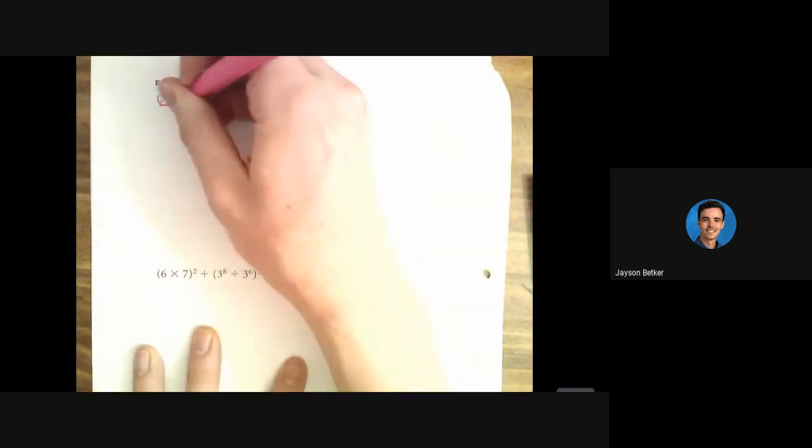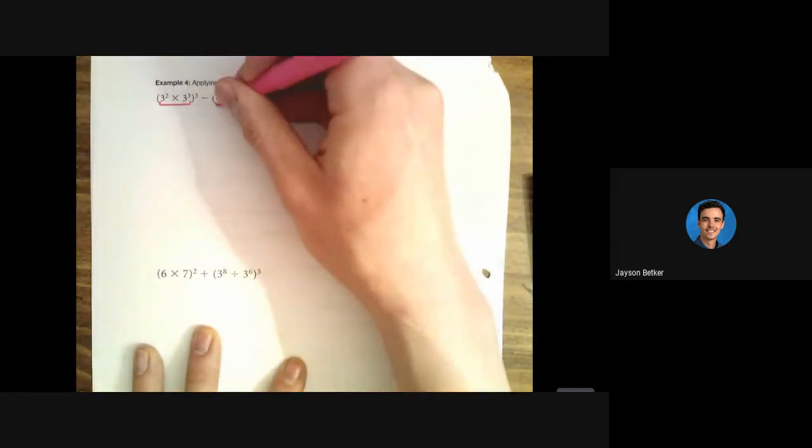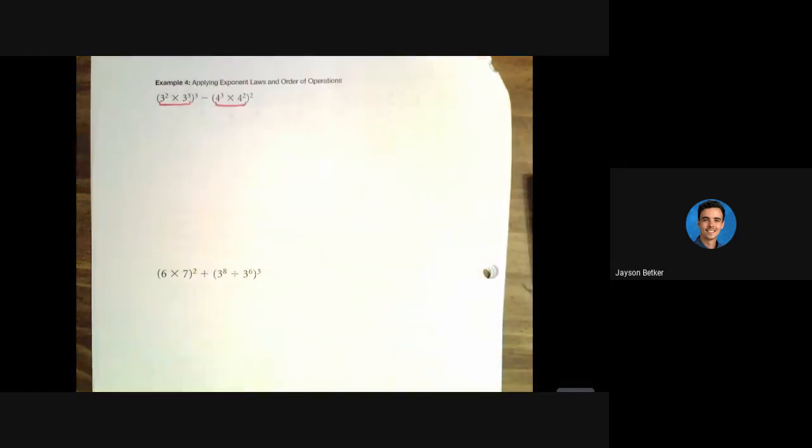So (3^2 times 3^3)^3 minus (4^3 times 4^2)^2. I'm going to first look inside of the brackets, right? Orders of operations, we always look inside of the brackets first.